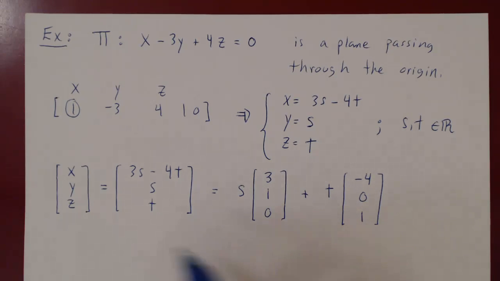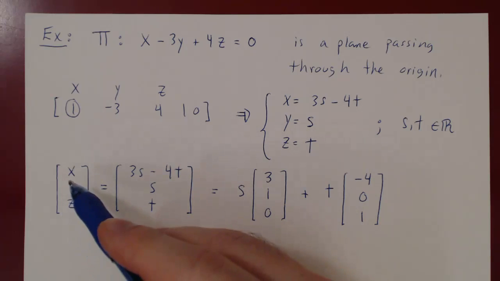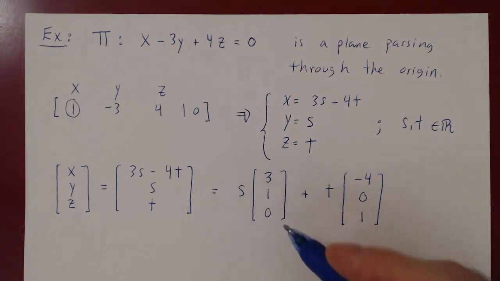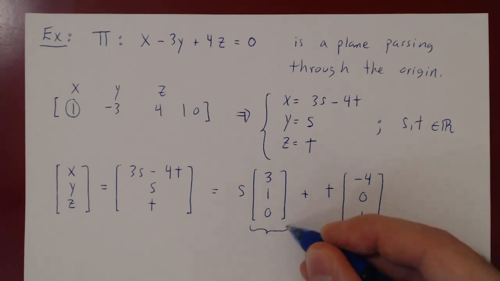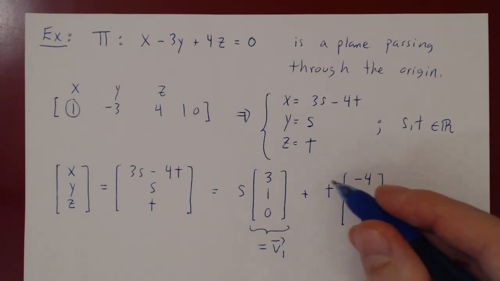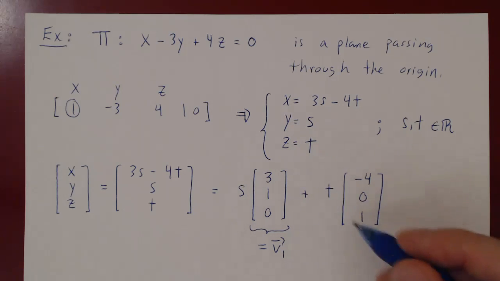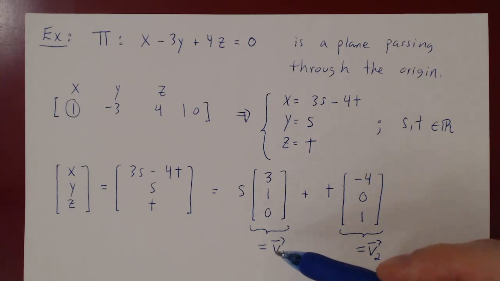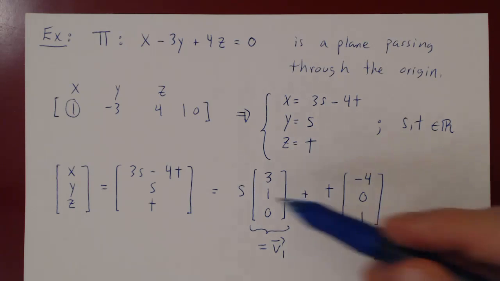And now look what we've done here. Every single point on the plane is some multiple of the vector 3, 1, 0, call that v1, plus some other possible multiple of the vector v2. And if you look, this is a linear combination of the vectors v1, v2.